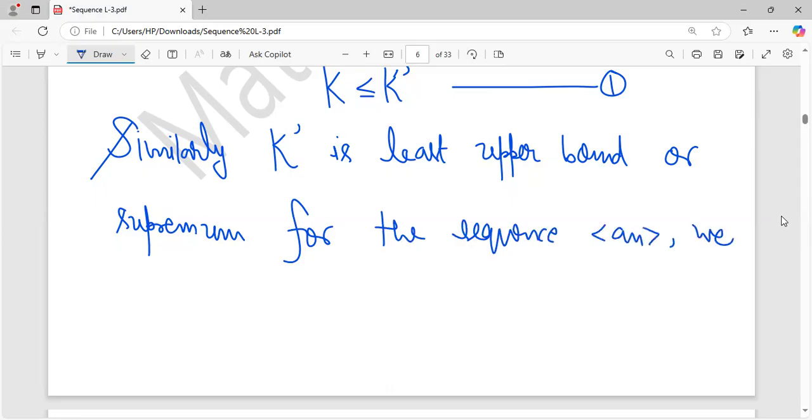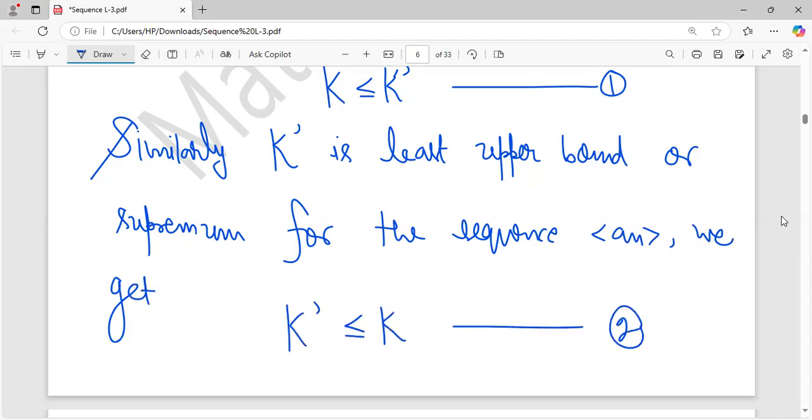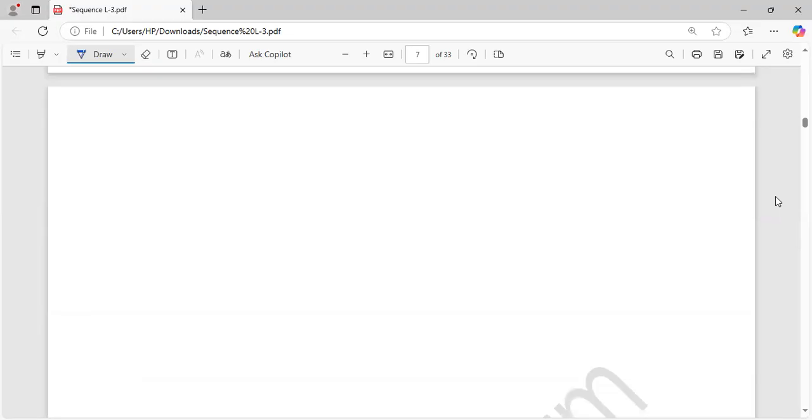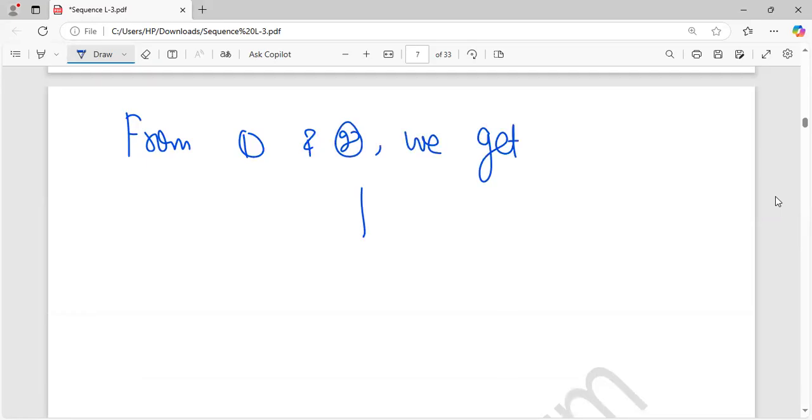We get K dash is less than or equal to any upper bound (2). So from 1 and 2, we get K is equal to K dash.